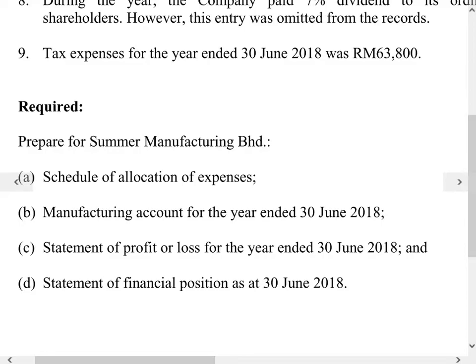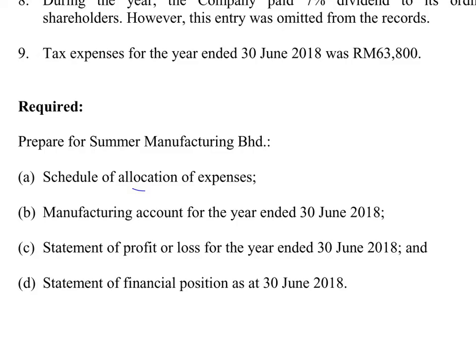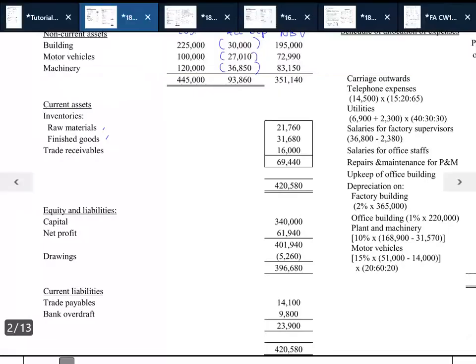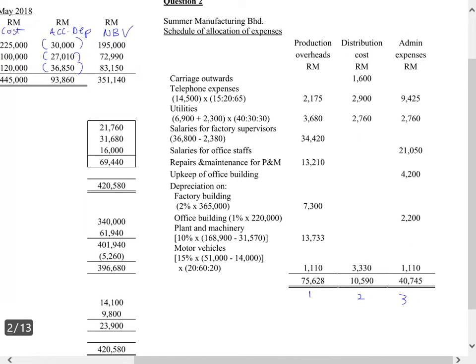If not required for part A, allocation, you should also prepare one. It's actually part of your working. In your final exam, most of your past questions will be similar to question 2. In fact, not 100%, we wait until next week. We have another one, the extra 2 columns will be something like that. So what is this schedule of allocation? We look at the answer first. You may want to take it now, it's okay.